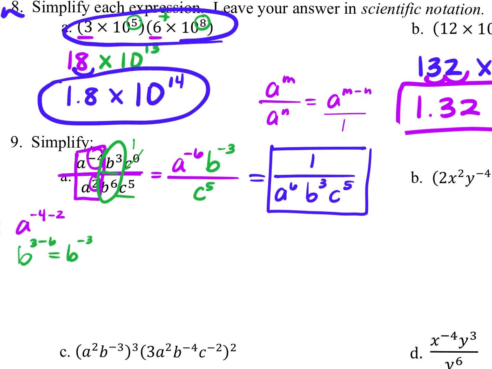Okay, here's the other way you could have done it. Do you understand how to get here? Did you subtract your exponents? Right, so that's a -6. Is there a c on top? Because c to the 0 is 1. Anything to the 0 power is 1.